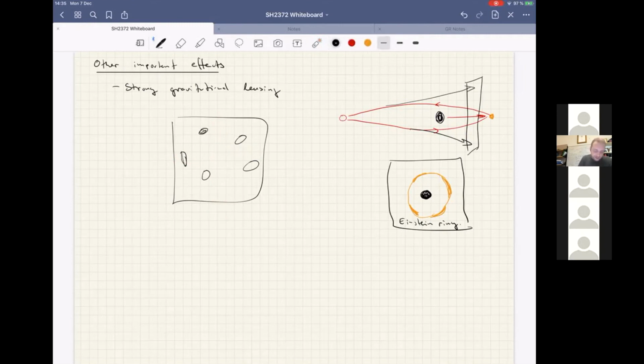We also have things like gyroscopic effects. So you might have heard of several satellite experiments. What is going on is essentially that you can take a satellite, you send it into orbit, and you put a gyroscope in it, or several gyroscopes in it. And then you look at, over the course of the revolutions, how these gyroscopes change their orientation.